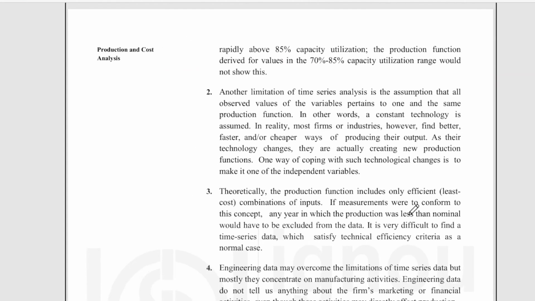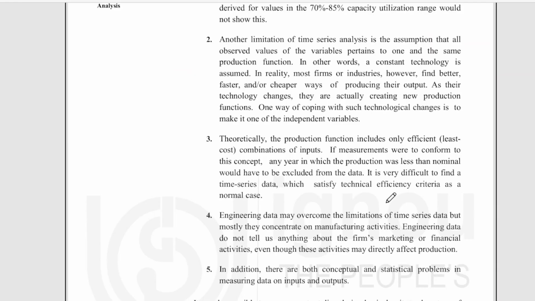Another limitation of time series analysis is the assumption that all observed values of the variables pertain to one and the same production function. In other words, a constant technology is assumed. In reality, most firms or industries find better, faster, and or cheaper ways of producing their output. As their technology changes, they are actually creating a new production function.